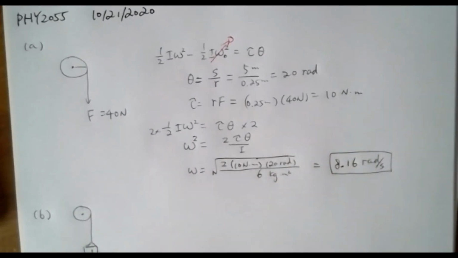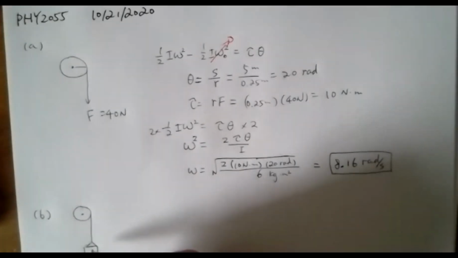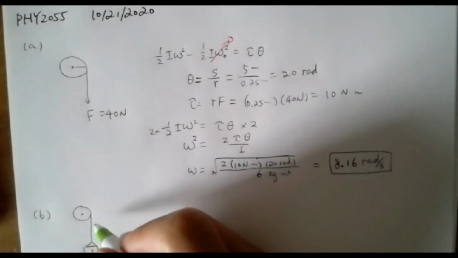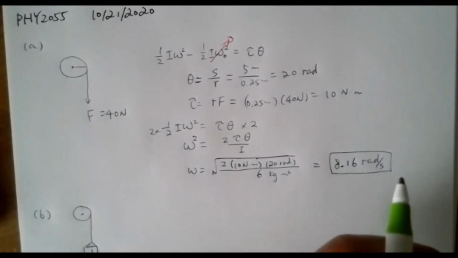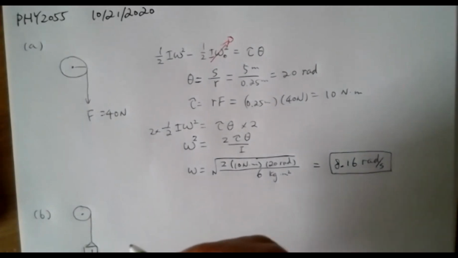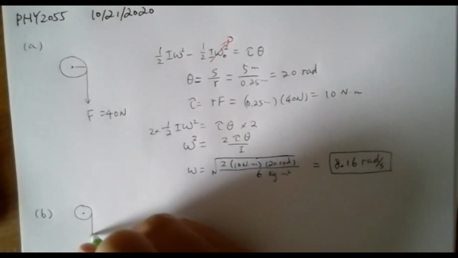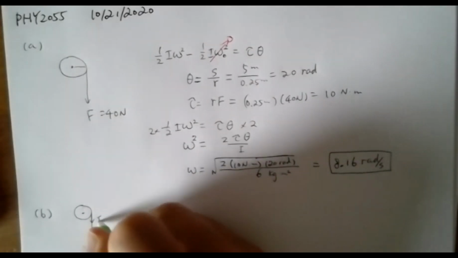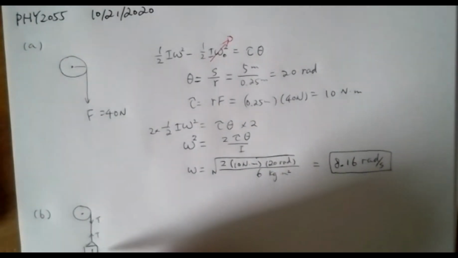Now if you look at the free body diagram, mg here and then T there and T there. This T should cancel out, so that doesn't really matter. That tells you the work is only done by the mg.